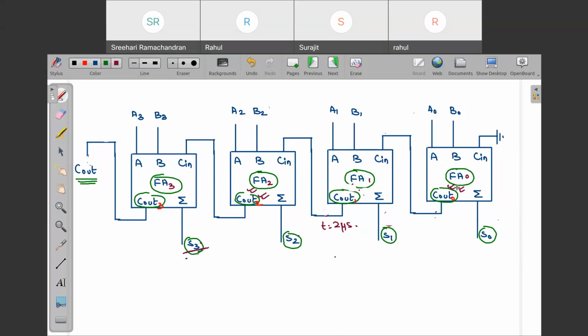Means all the full adders are generating C out. That is what we meant by worst case delay. Worst case delay means what? All the full adders are generating carry out. Means something like this.